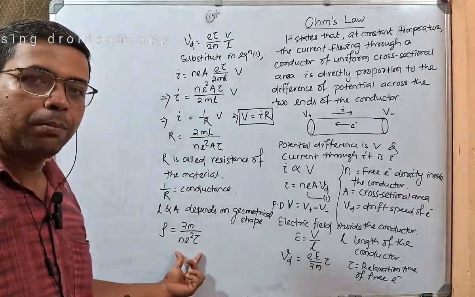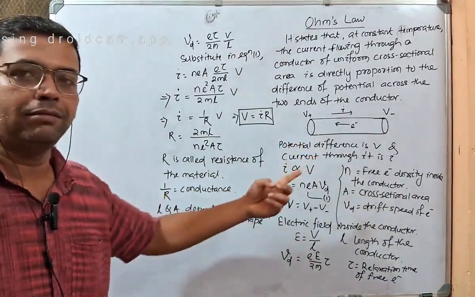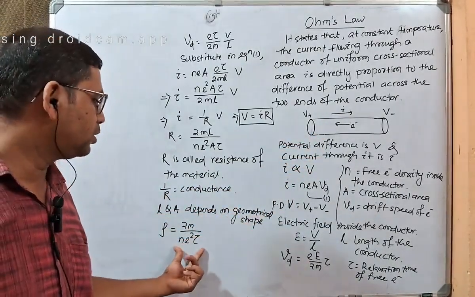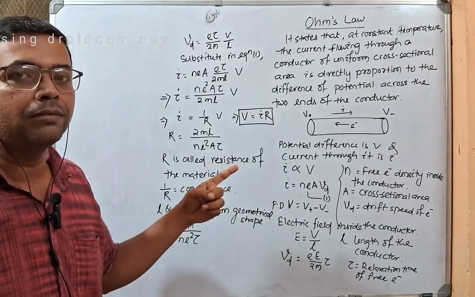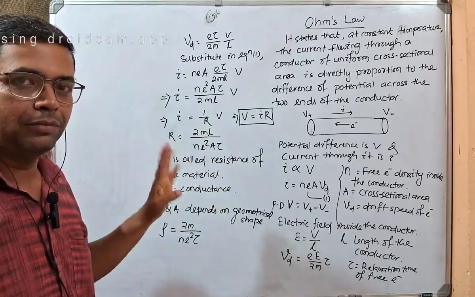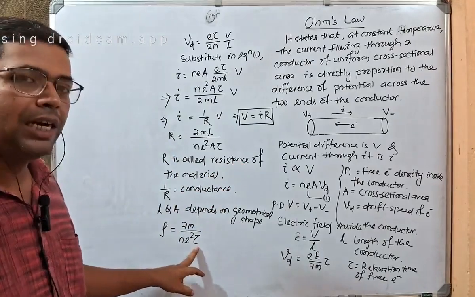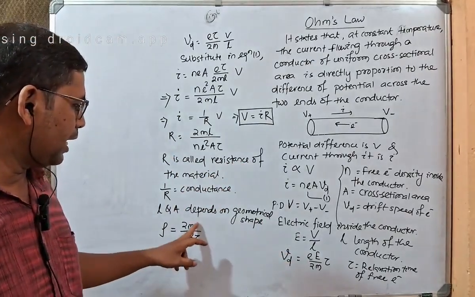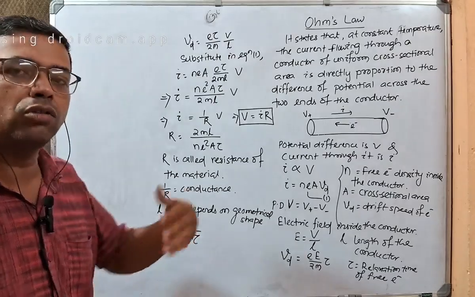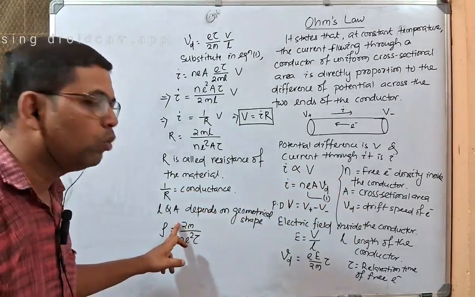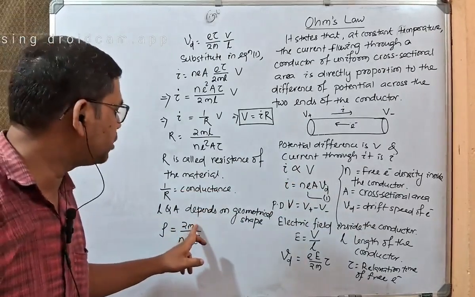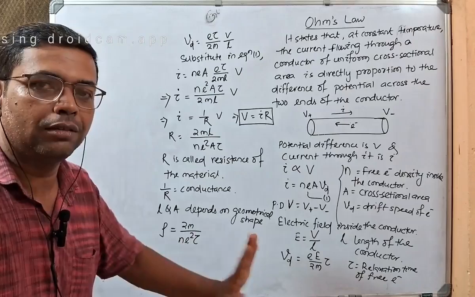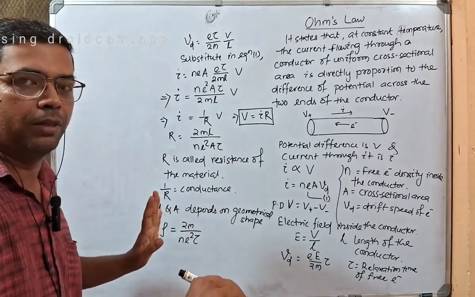This thing is the property of the material. It doesn't depend upon its geometrical shape and size. This resistivity varies from material to material. m and e are constants; we cannot change the mass or the charge of the electron, so no need to talk about them.